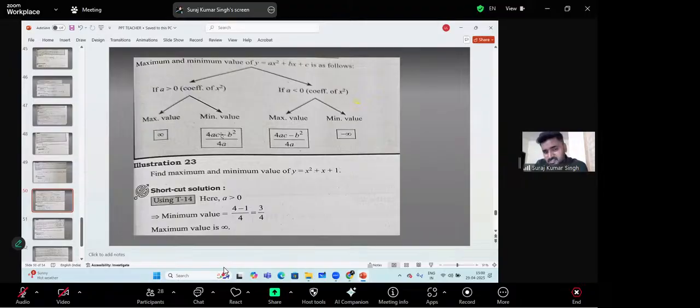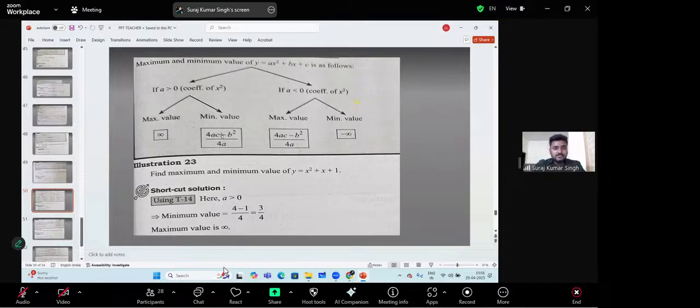You can see this one. This is not new. This is the minus D by 4a written, which is 4ac minus b square by 4a. Minus delta by 4a we can also write. So for getting the minimum value and the maximum value for a quadratic function, we can find out like this.